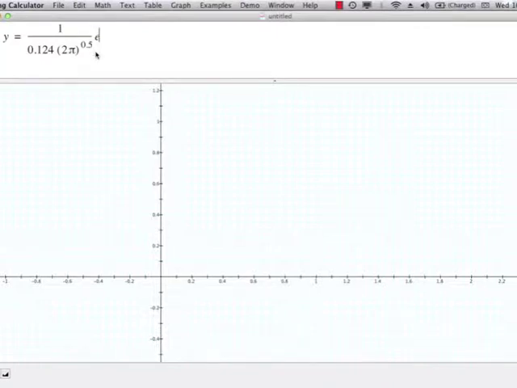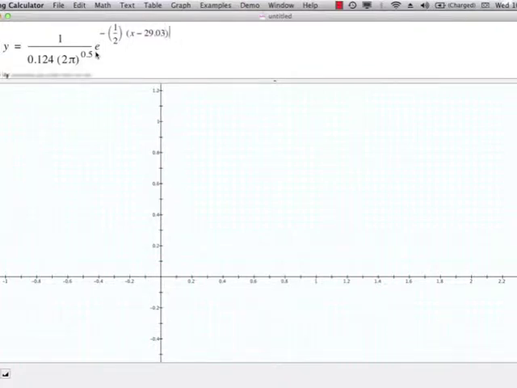And then I've got e to the big parentheses, so it's minus 1/2 times (x minus my mean, and my mean is going to be 29.03), all of that divided by my sigma, which is 0.124, and then I've got to square that.